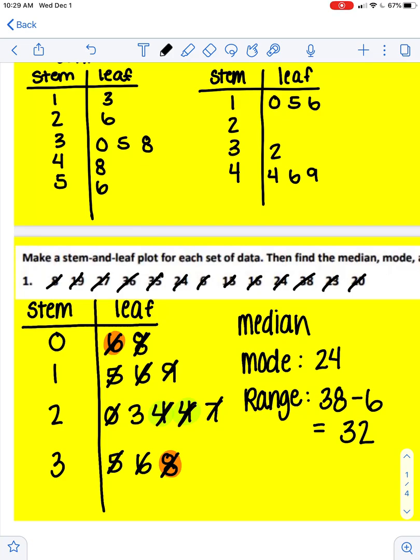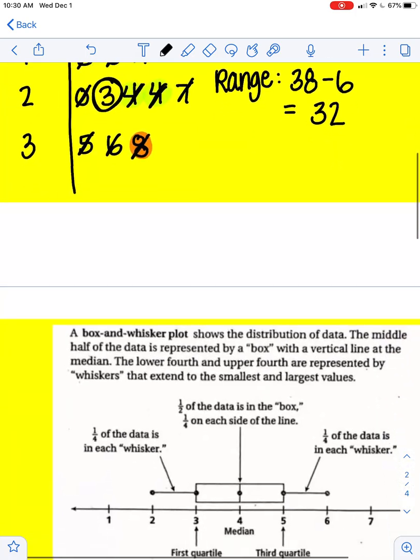So I have 1, 2, 3, 4, 5, 6 numbers before 23, and I have 1, 2, 3, 4, 5, 6 numbers after 23. So that means 23 right here will be our median. So it just kind of makes it a little easier to visualize your data and to find those measures of center. Unfortunately, finding your average and everything, it's not really going to help with that, but with the other 3, it's very helpful.